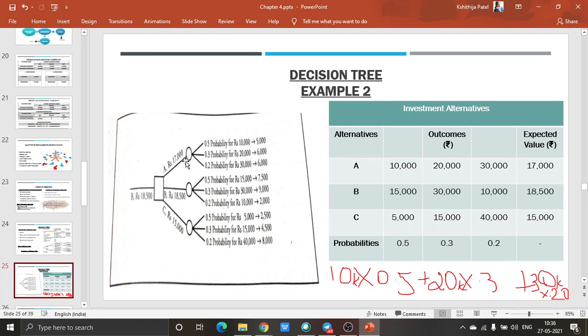So the first alternative would give 17,000 as the payoff. For the second one it shall be 0.5 into 15,000 where you will have 7,500. 0.3 probability for rupees 30,000, it would be 9,000, and 0.2 for 10,000, it shall be 2,000.